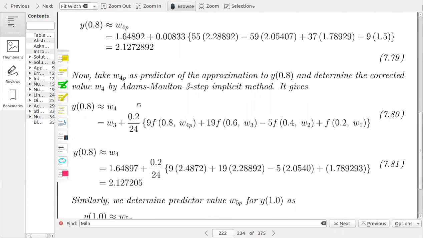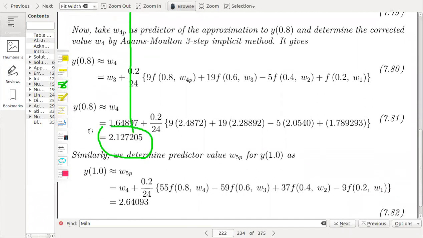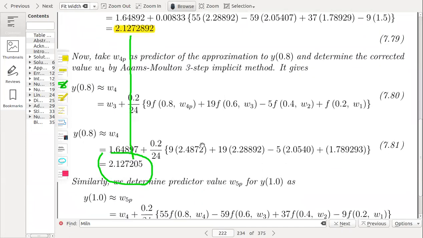If you observe, there is a very small change in this value: 2.1272892, and then 2.127205. So this value is considered to be more accurate, because it is computed as the corrected value.